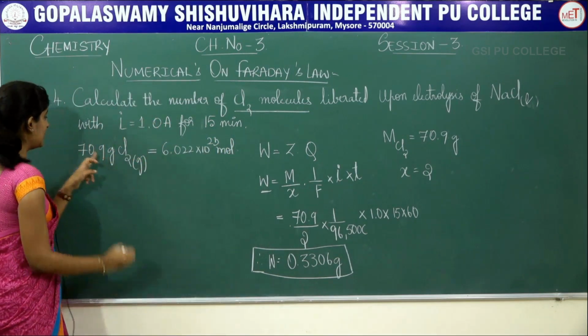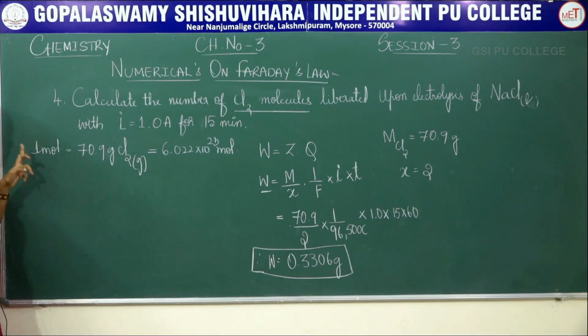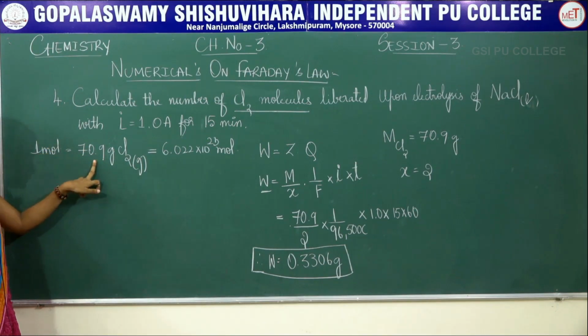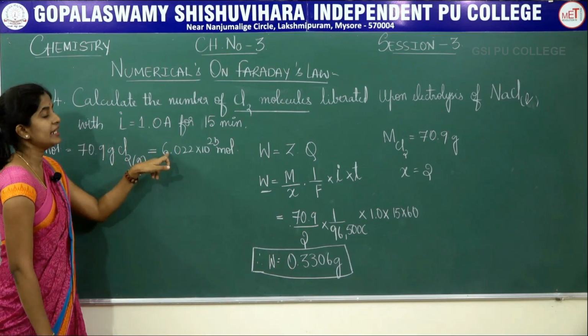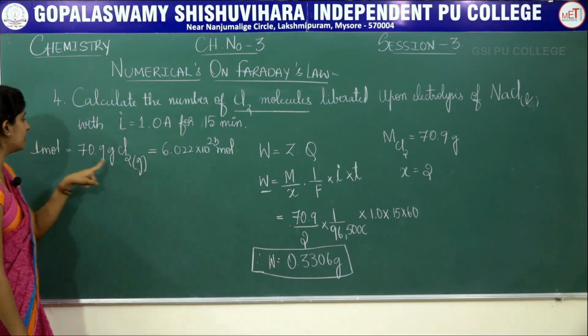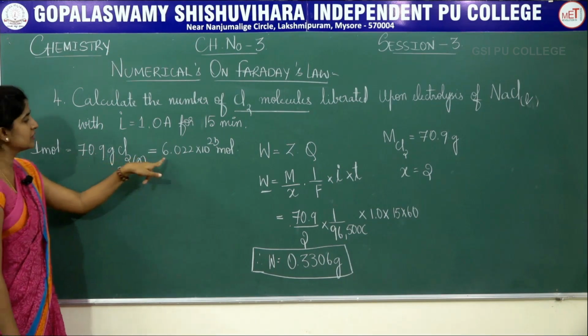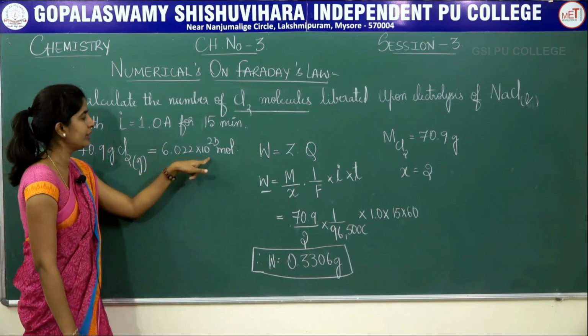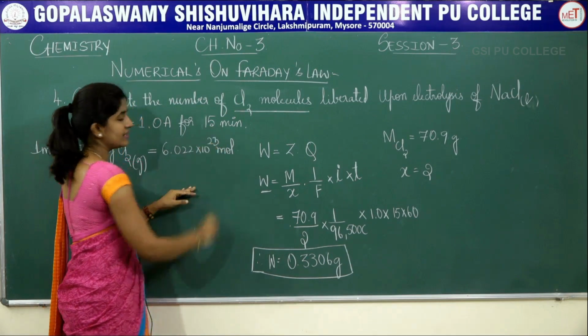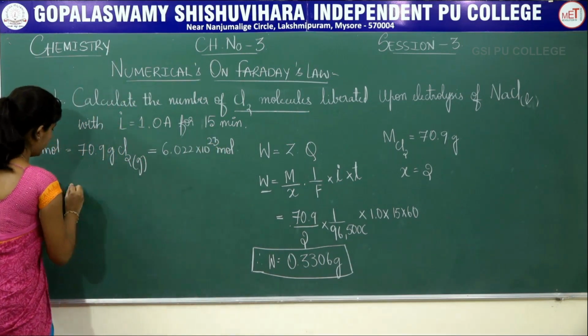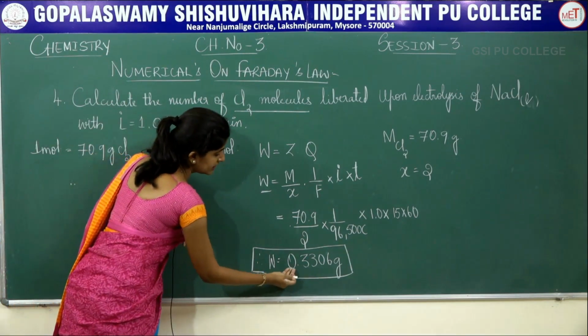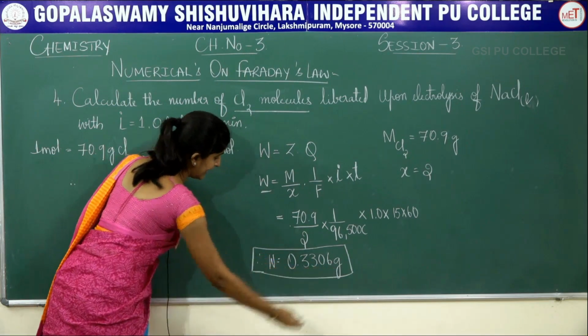This is the Avogadro number. This is equal to 1 mole. 1 mole of any substance is equal to its molecular mass, and it is equal to the Avogadro number of molecules. So, therefore, 1 mole of chlorine gas is equal to 70.9 grams of chlorine, which is equal to 6.022 into 10 to the power of 23 molecules, Avogadro's constant. Therefore, we have calculated W here, it is equal to 0.3306 grams.